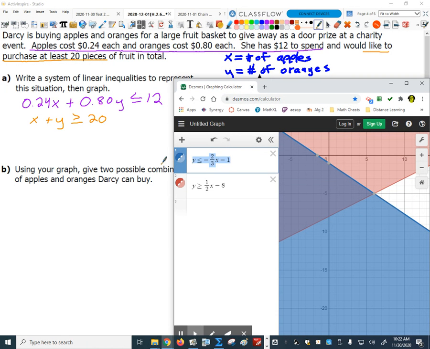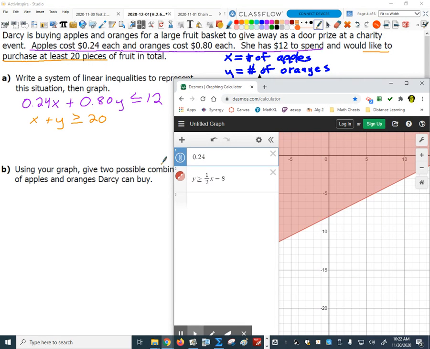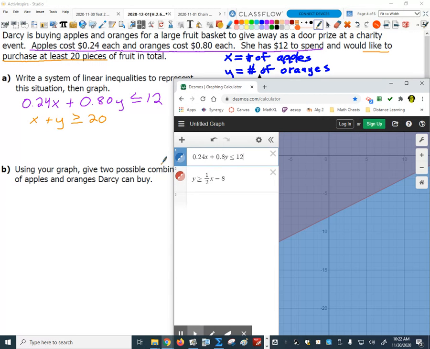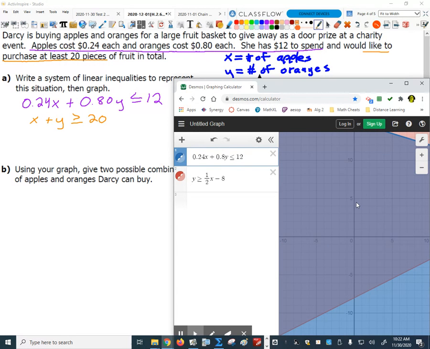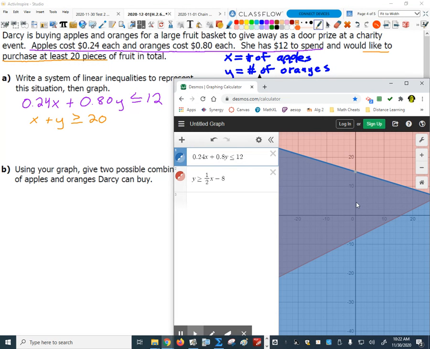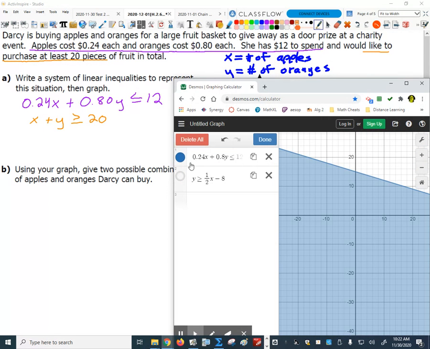Okay, so the first one we had 0.24x plus 0.8y is less than or equal to 12. Okay, and I'm going to make that purple. So there's our first one, right?